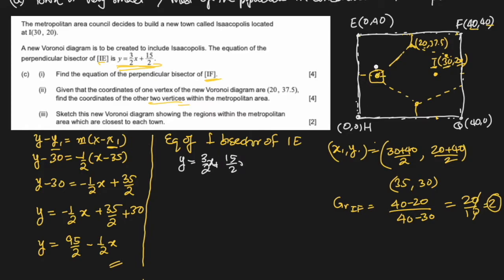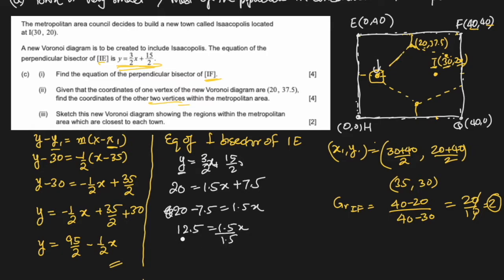So we know that here the y coordinate is 20. So let's put 20 here. 20 equals, let's say, 1.5x plus 7.5. I'm trying to make it simple with the decimals. So 20 minus 7.5 equals 1.5x. That comes out to be 12.5 equals 1.5x.